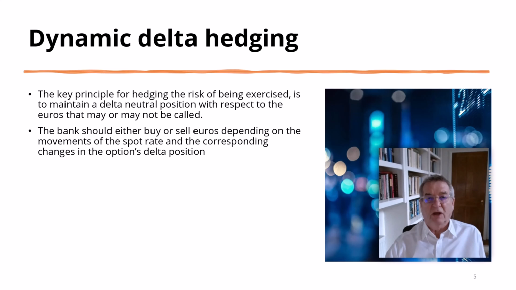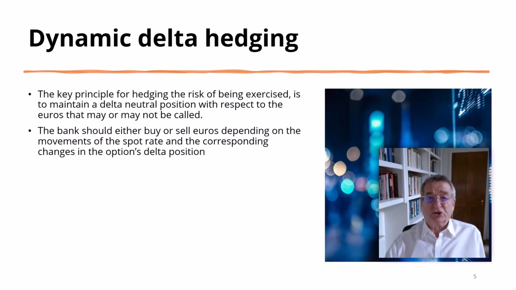Bear in mind, we have been talking about a European style option, so it effectively can only be exercised on expiration. But bear in mind that during the life of this option, the seller, the bank, let us say, is monitoring the movement of the exchange rate and has to anticipate the possibility, at least, that the option will be exercised.